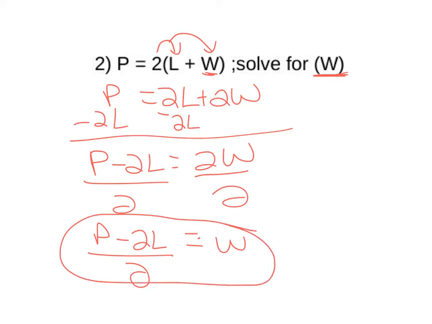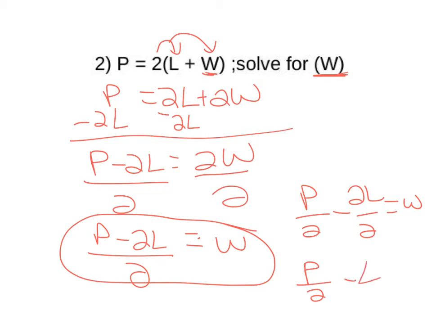If you think back, sometimes when you have two things up top divided by a number, we can break that up to be P divided by 2 minus 2L divided by 2. And you may see a formula that simplifies this because 2 divided by 2 is 1, or you may see it simplified all the way down.